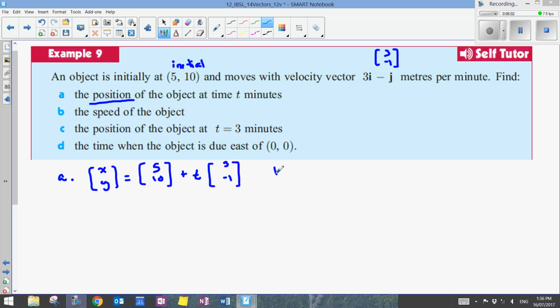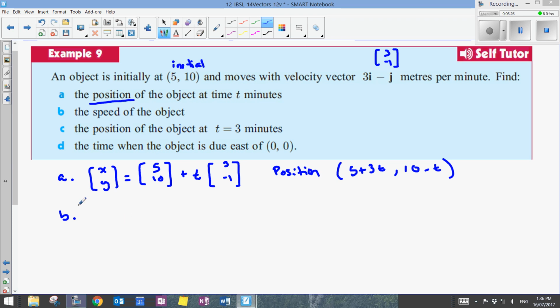So we can say that the position is going to be at an x-coordinate of 5 plus 3t and a y-coordinate of 10 minus t. And that is our position of this object.